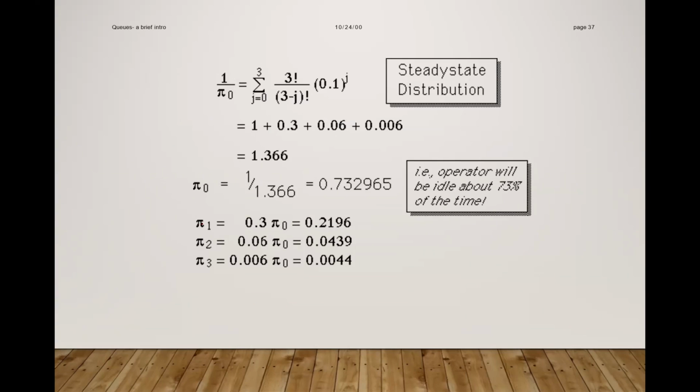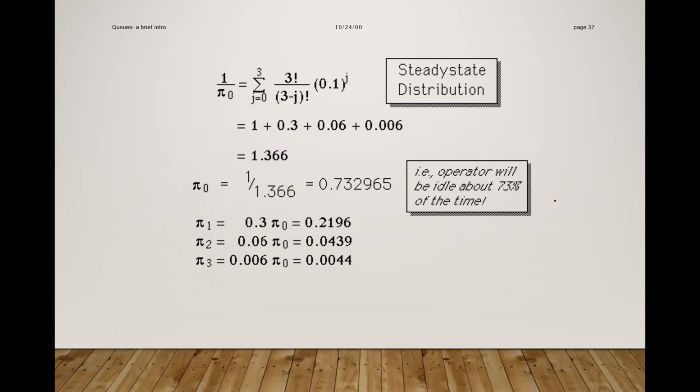So the steady state distribution, just apply the formula. For one machine, it means that kung ang lambda natin is 0, it means that walang tao o walang ino-operate.